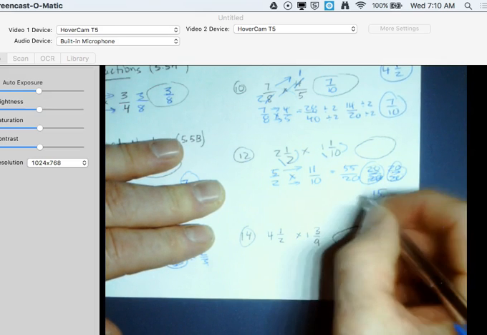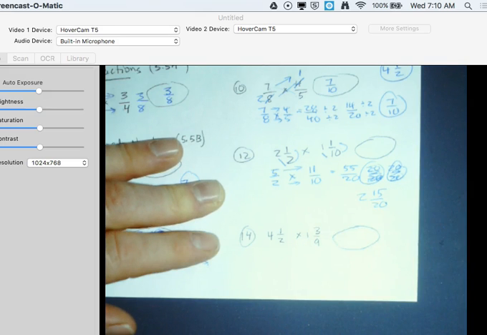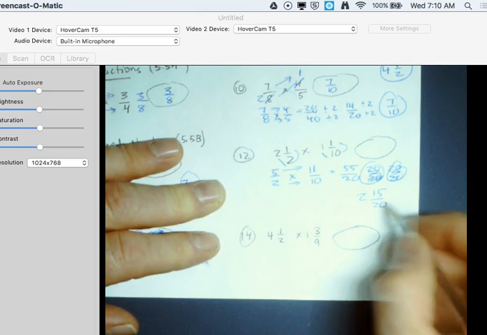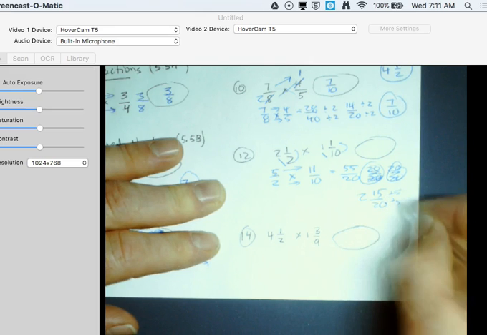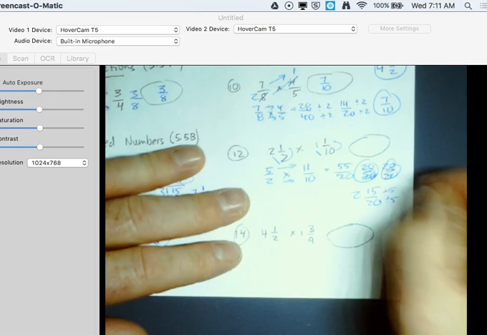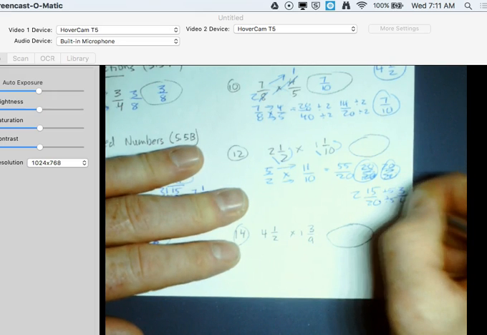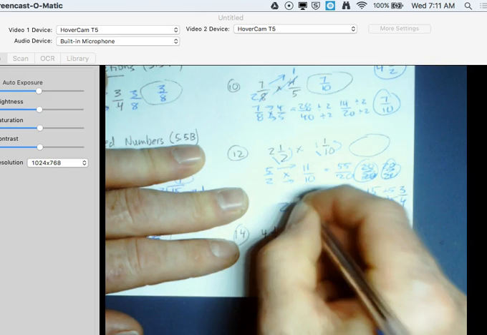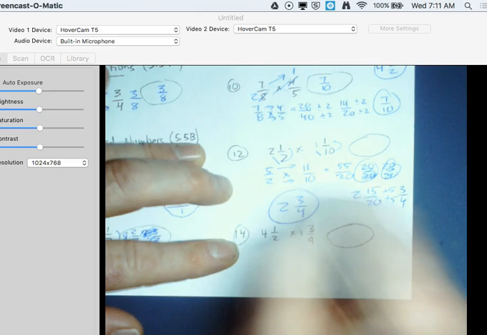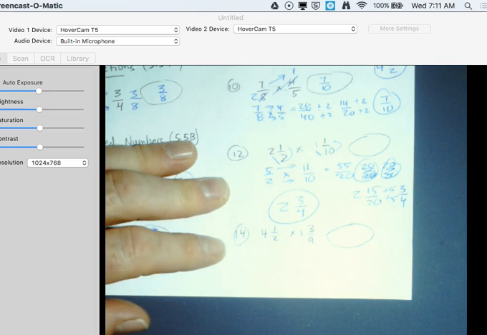So there's 2 and 15/20. 15/20 I can reduce. I can divide these both by 5. And I can get that to 3/4. So my answer in simplest terms is those 2 wholes and 3 out of 4. 2 and 3/4.